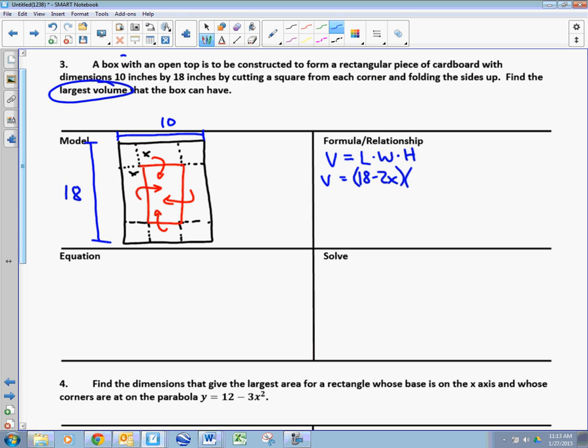So I will have 18 minus x on each end, which is minus 2x. So the width won't be 10. It will be 10 minus x, which is minus 2x. What about the height? x. When I fold up this side, it will be the height of whatever I've cut.